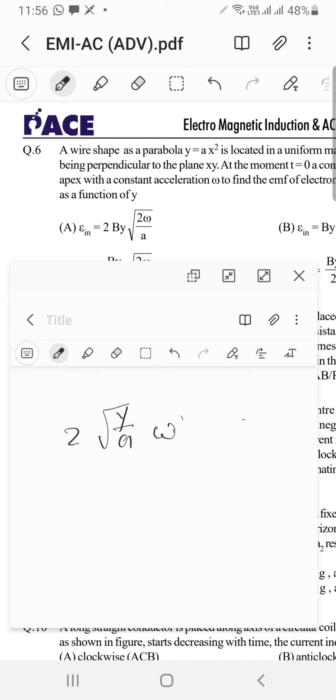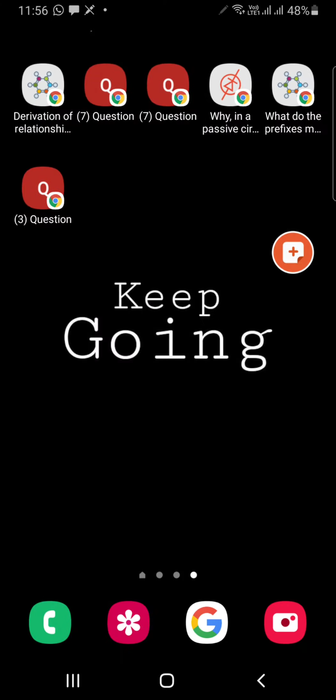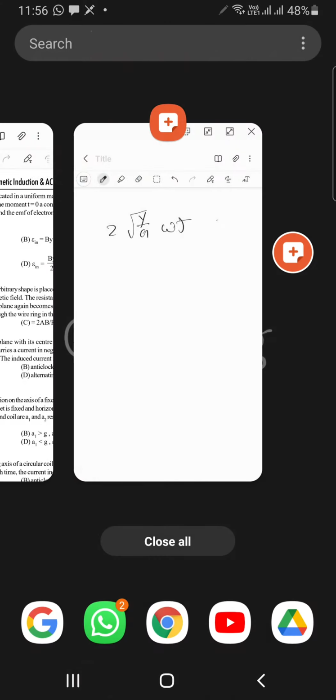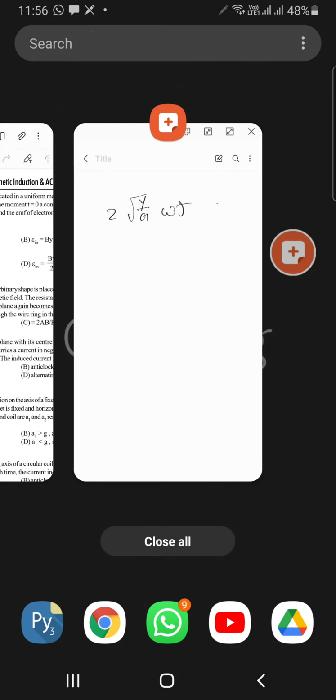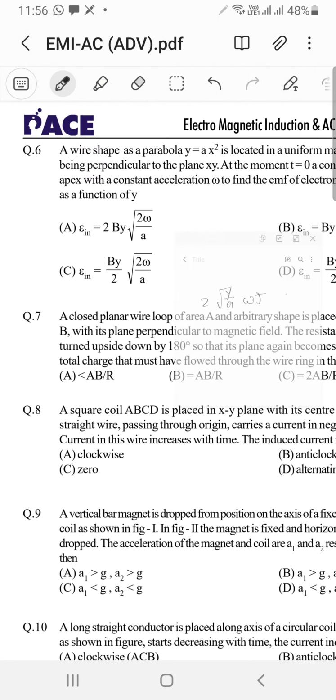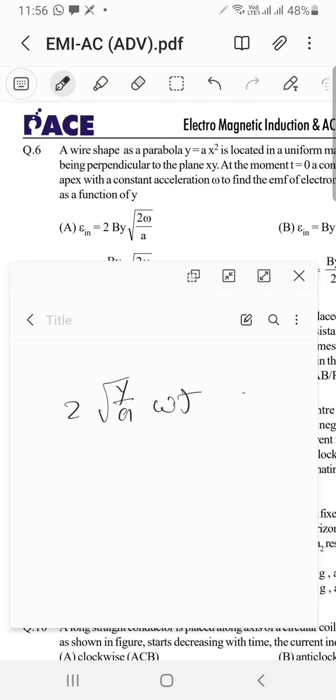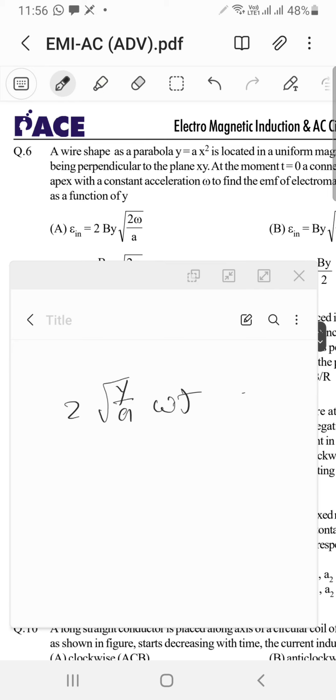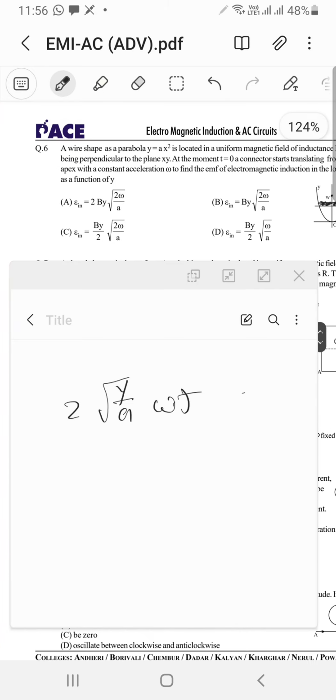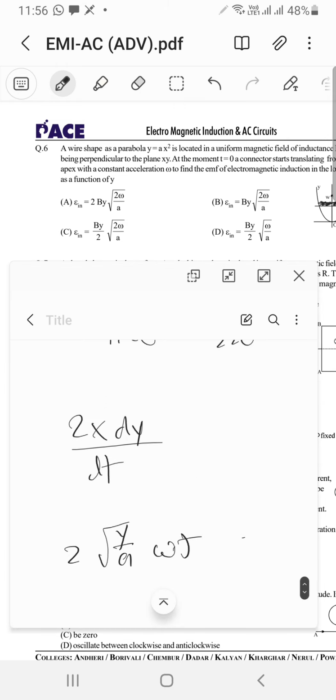Wait, no, it should be there. Sorry, that's not what I want. Yeah, that's better. So where were we? Right, this is our dA by dt, 2x dy by dt, which should be 2 square root of y upon a times omega t.